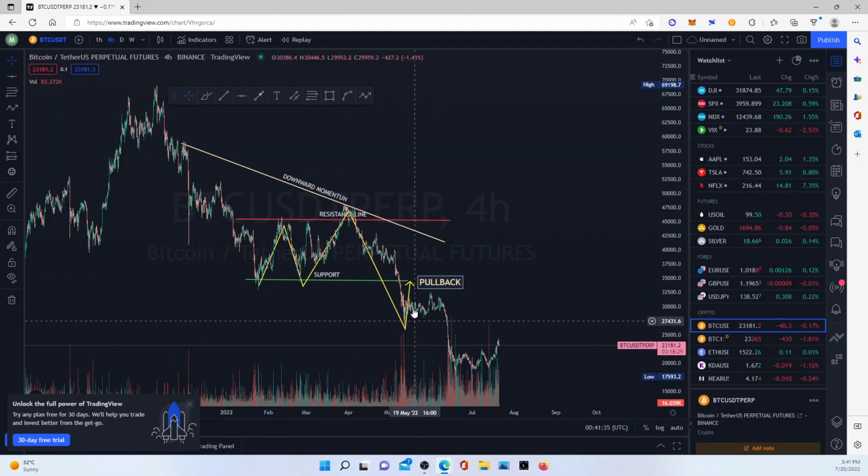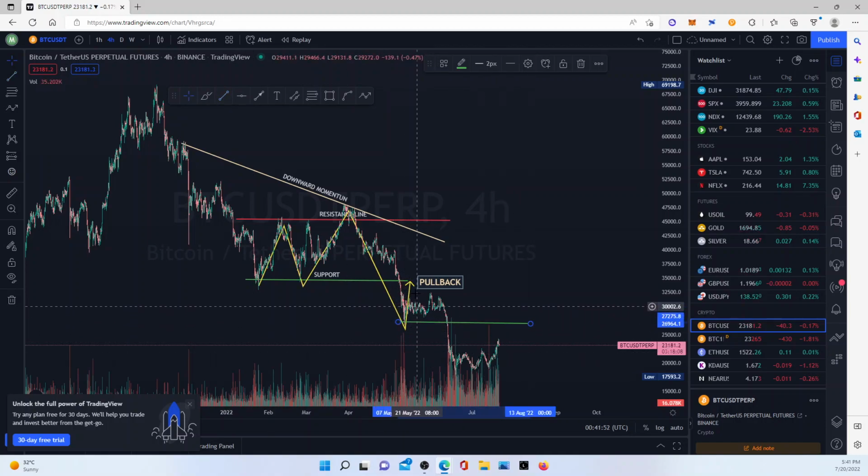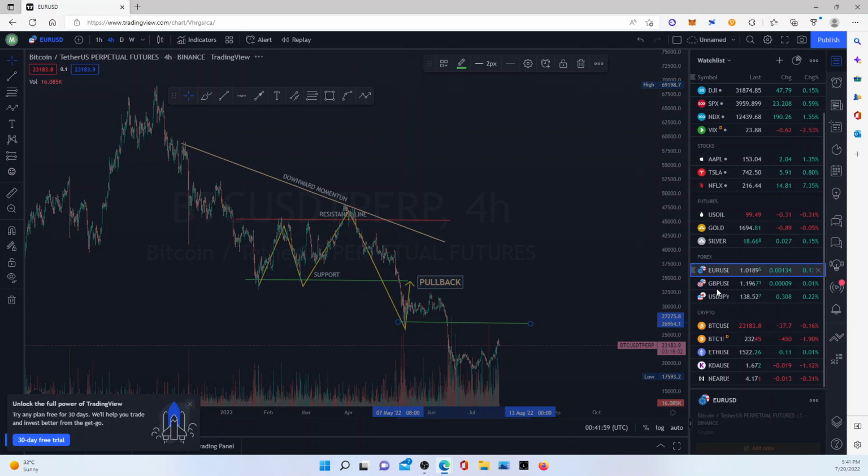So this is what you call a pullback. It's being pulled back to its previous support, which became a resistance, from a new support, a really minor support that became a new support. But this is a new pullback. They attempted to pull it back to its previous support, which was now a resistance.